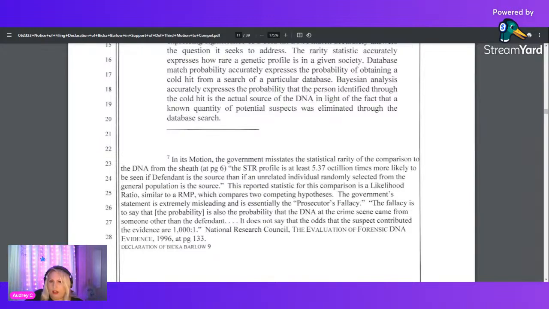It's saying an STR profile will be visible if given a certain result or circumstance, like unrelated. If the defendant is the source, then if an unrelated individual randomly selected from the general population is the source.